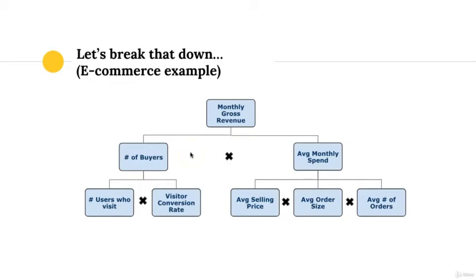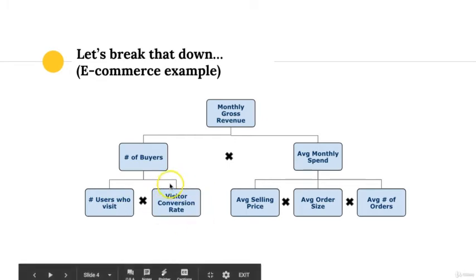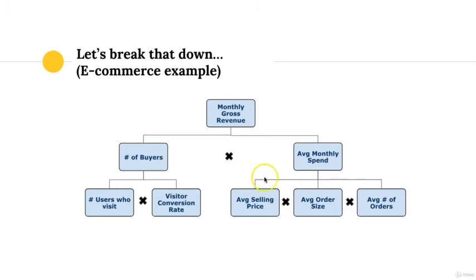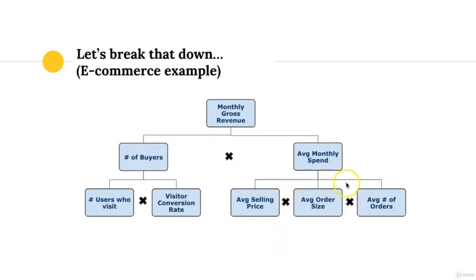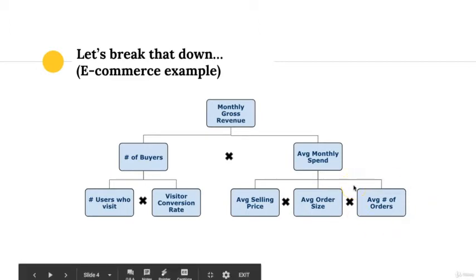And we can further break down the number of buyers into the number of users who visit times their conversion rate into a buyer. And average monthly spend can be broken down into the average selling price times the average order size times the average number of orders.